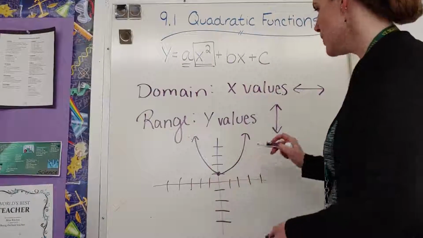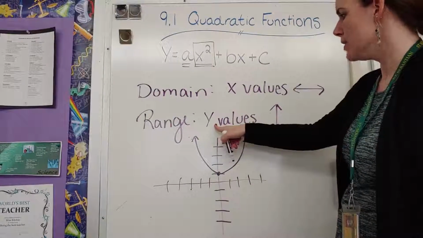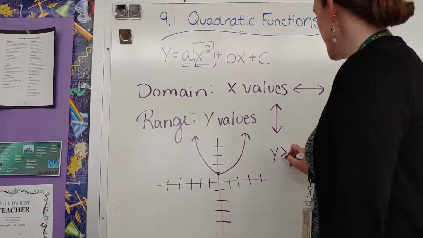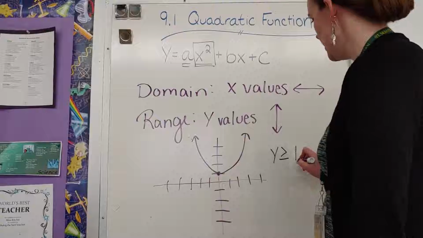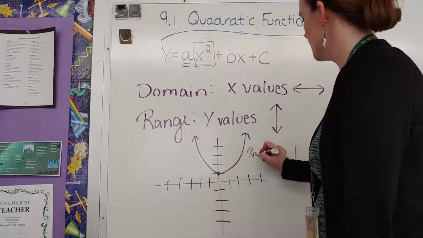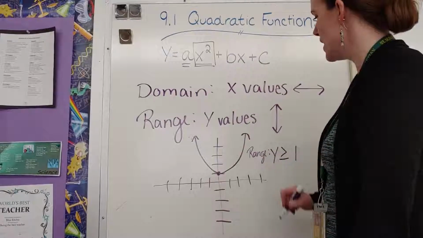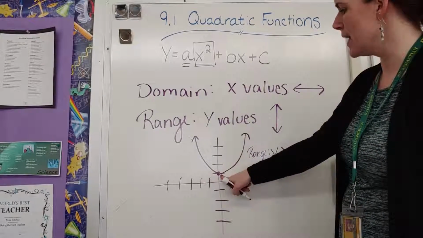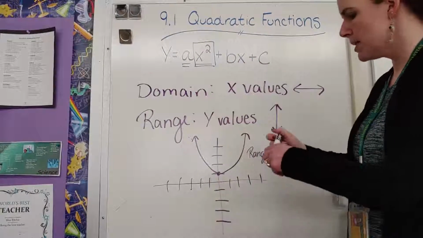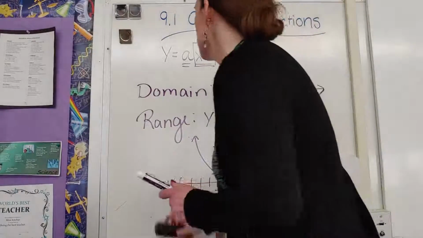So because range is talking about y values, you can write this as y is greater than or equal to 1. That is my range. I'm saying that's the lowest point, and it's everything higher than that. So I'm going to give you another example of domain and range.